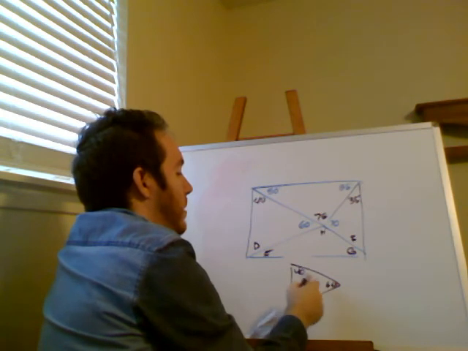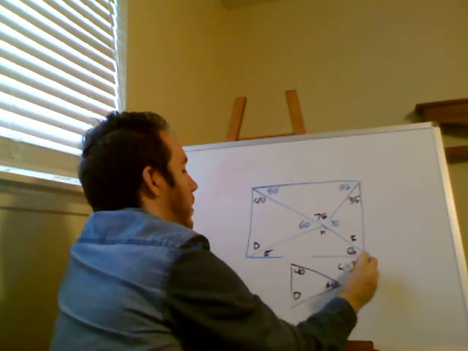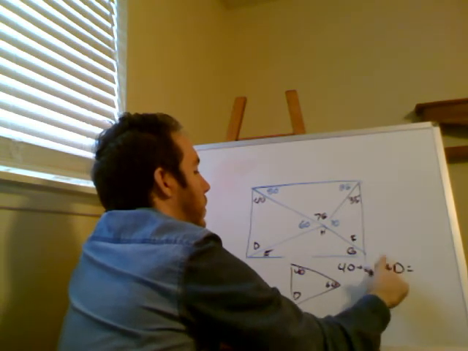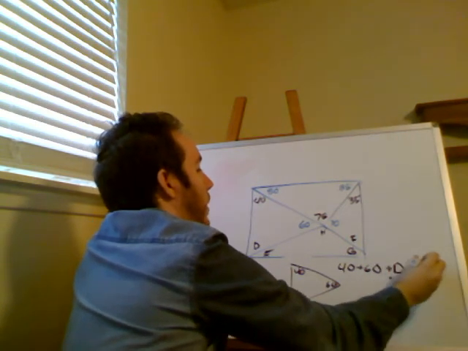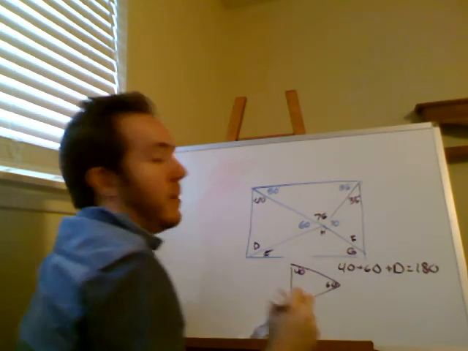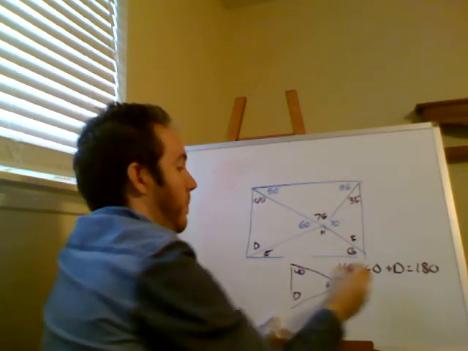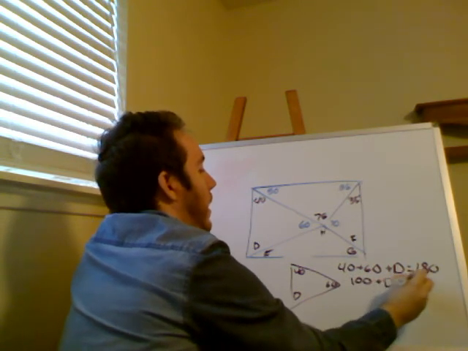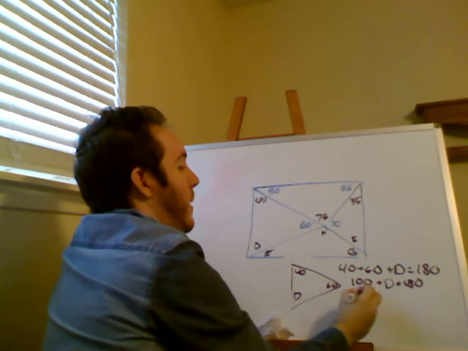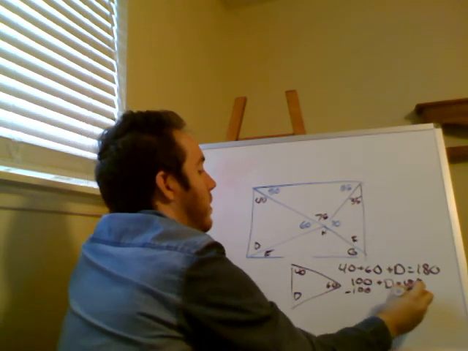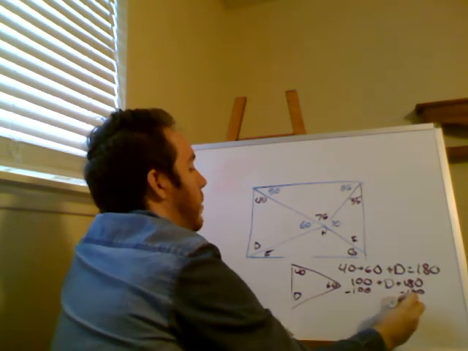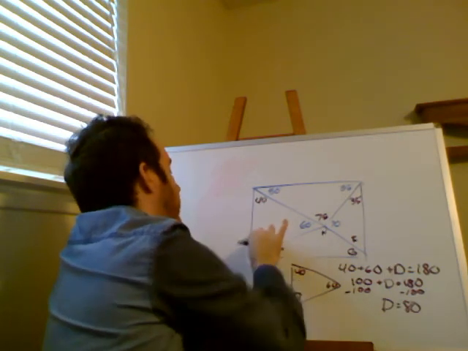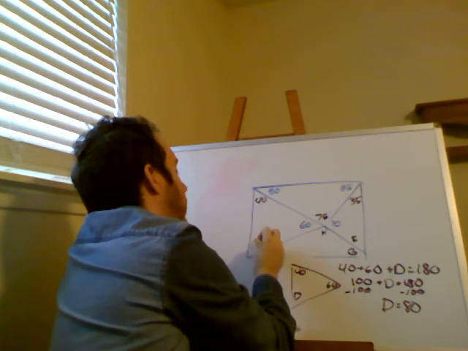So 40 plus 60 plus D equals 180. So I simplify to get 100 plus D equals 180. And to get D by itself, we subtract 100 from both sides. And D equals 80. And that's that fourth value. We're already halfway done.